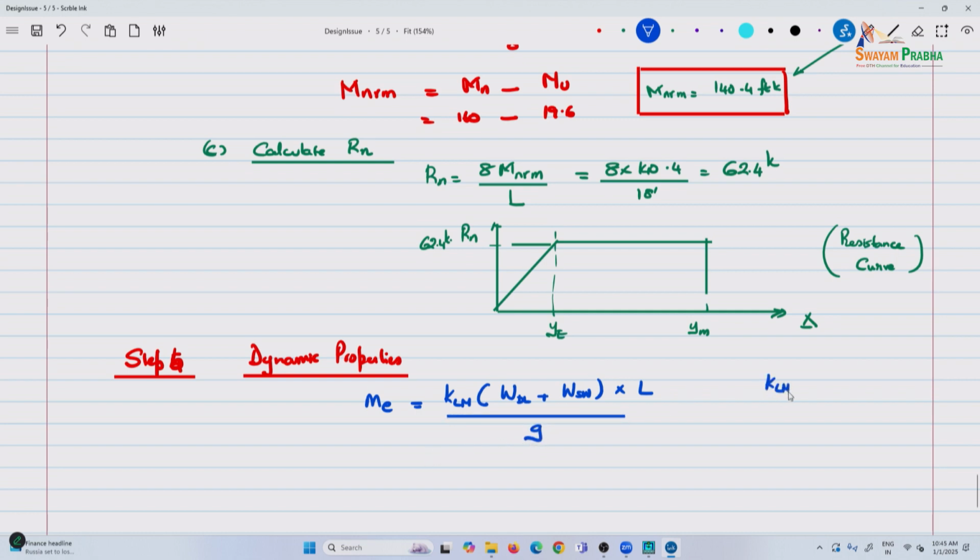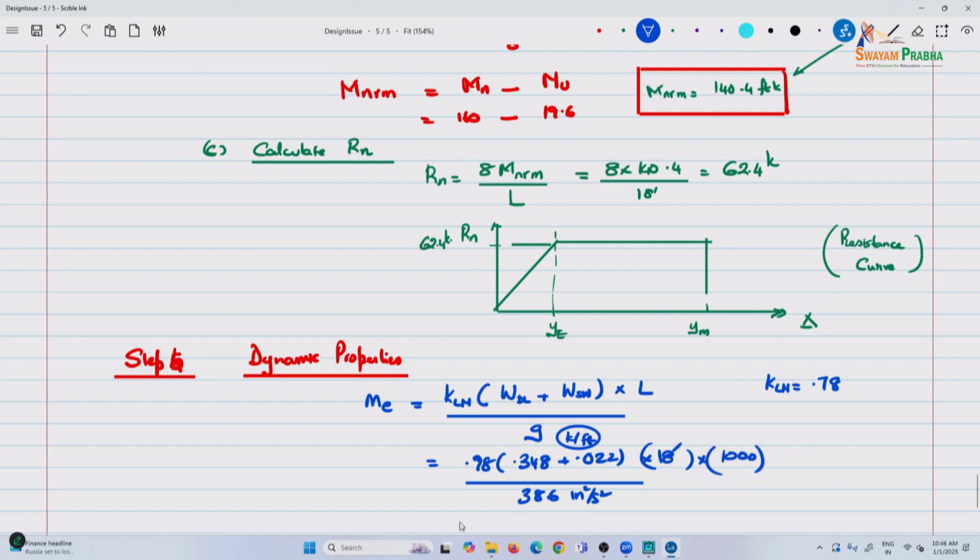Now KLM for this system is 0.78. So comes to 0.78 times 0.348 plus 0.022, this is in kips per foot, divided by 386 multiplied by 18 feet. So here this is kips per foot, you don't need to do anything else. So this is in kips, so multiplied by 1000. So comes to 13.45.